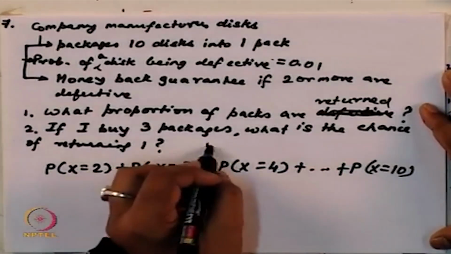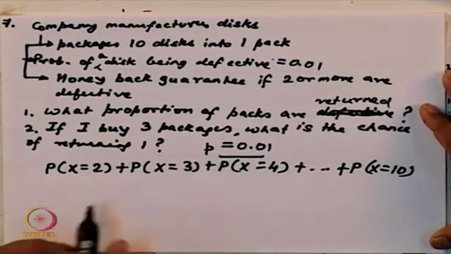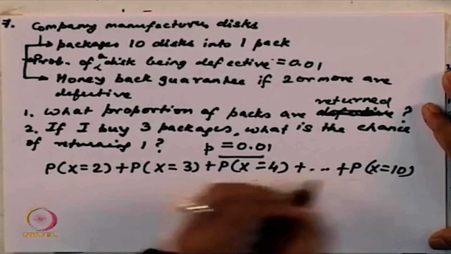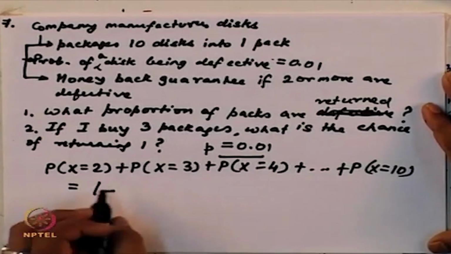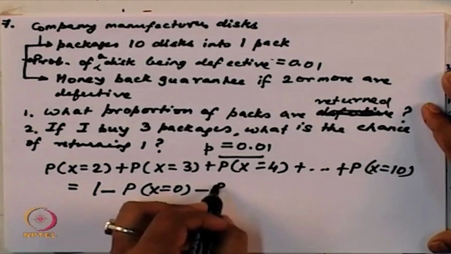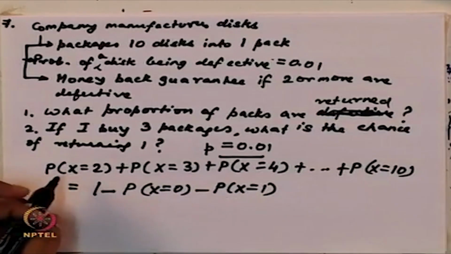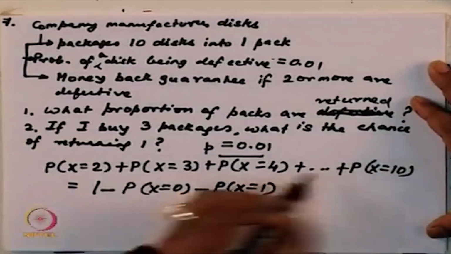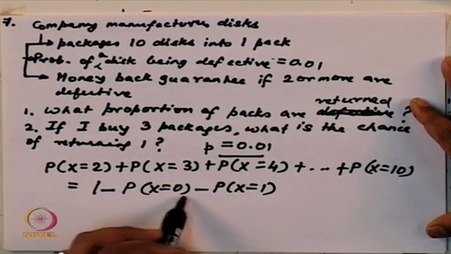So, the probability p in our case is equal to 0.01. This is for a single disk. So, this is what you have to calculate, okay. If x is the number of defective pieces, for all these cases you have to return, okay. For these cases you do not have to return, okay.